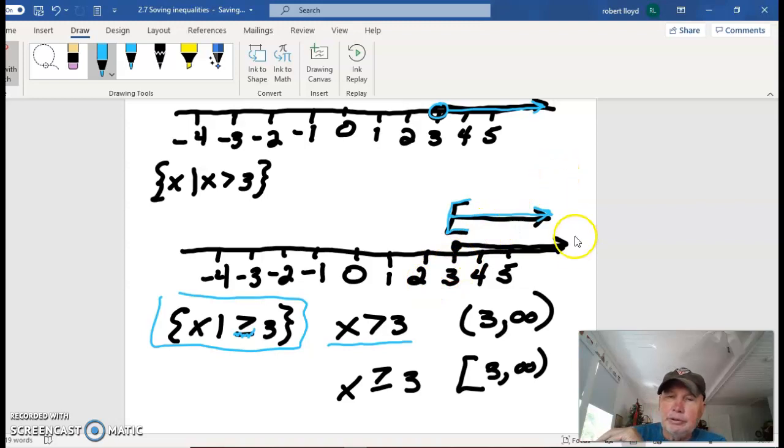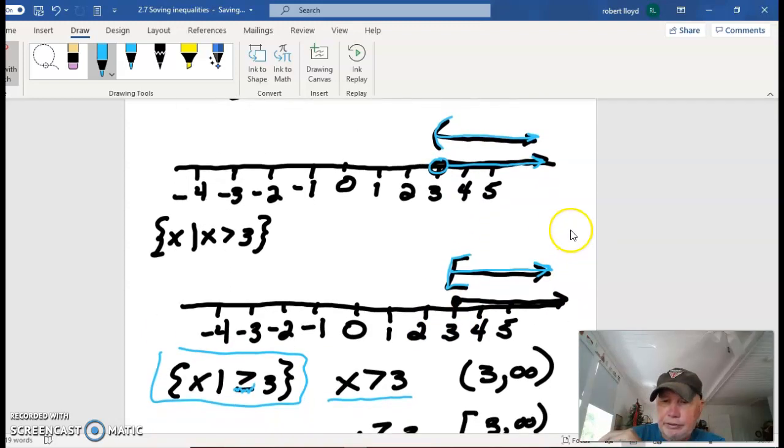So always do the number line first, and then you can look at the number line and you'll put the proper sequence when you do the interval notation. So the set of all x such that x is greater than 3, you look up here and you see that it has a parentheses.